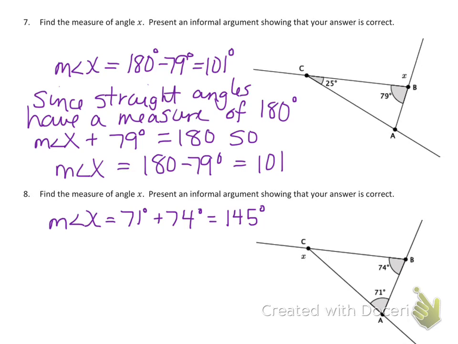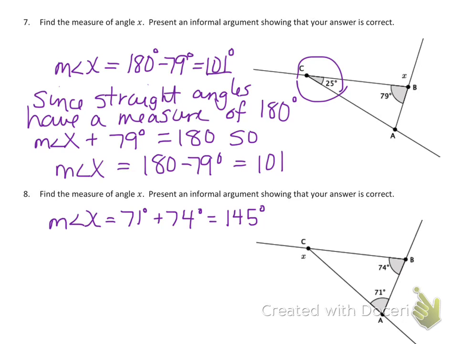So let's look at the results for exercise 7 and 8. For exercise 7, the measure of angle X is 101 degrees. Our informal argument in this case is a little bit simpler because we didn't even need to use this angle, right?